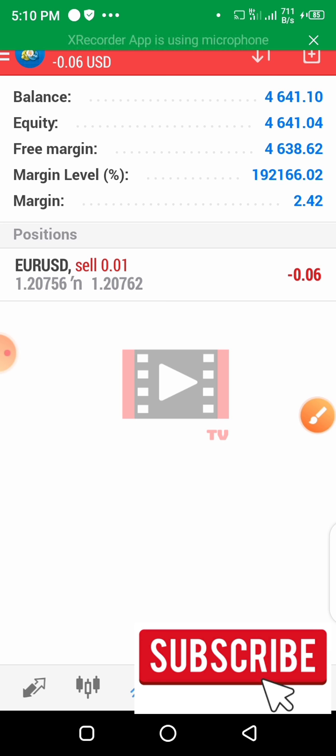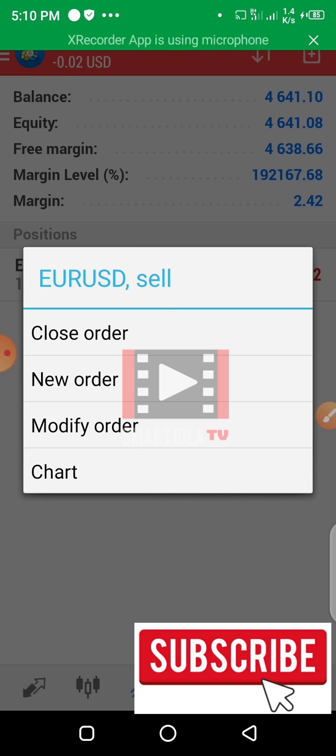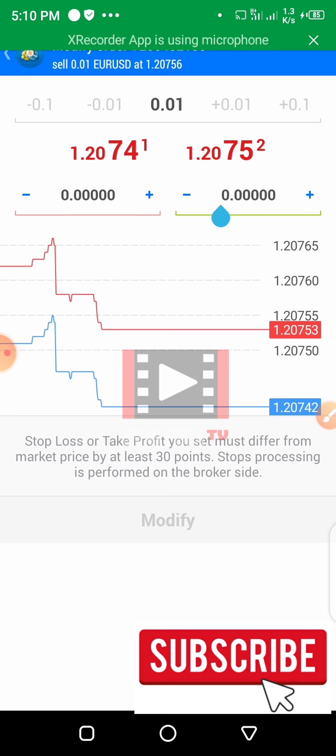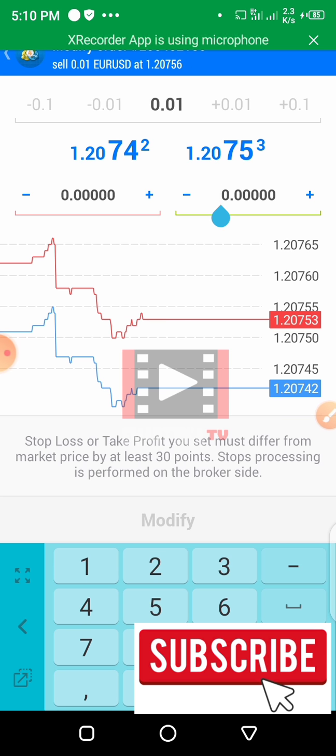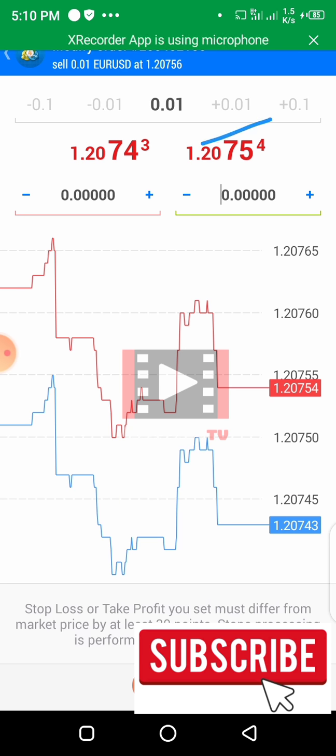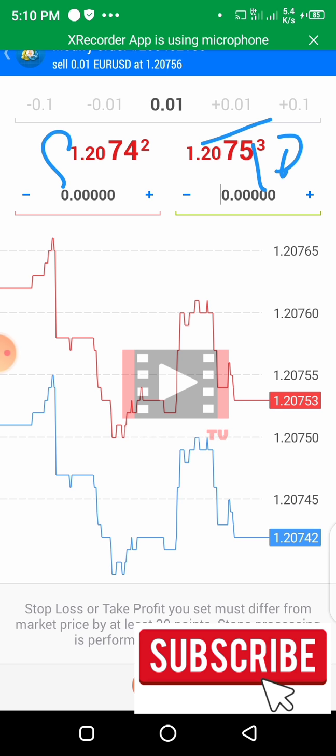So you go to where our trade is running. You can see Euro USD sell. You click on it, long press on it, and choose modify order. Then you input the take profit. The green side is the take profit, while the red one is the stop loss.